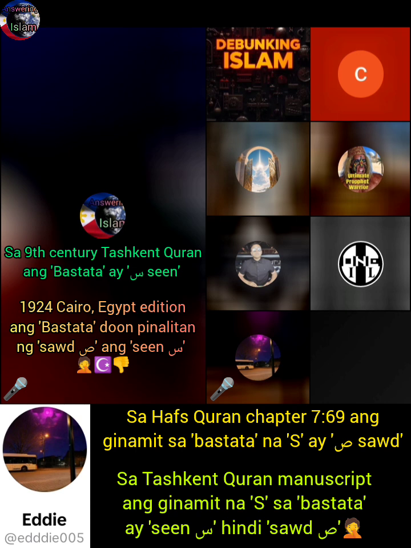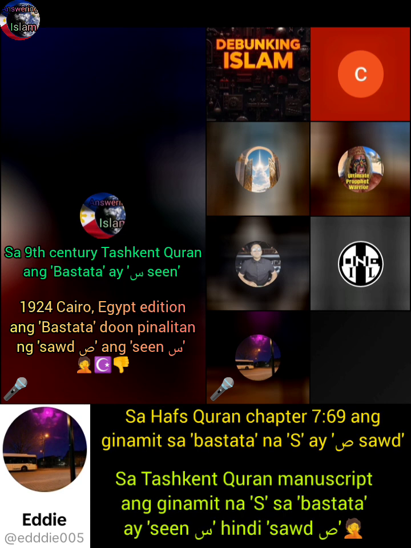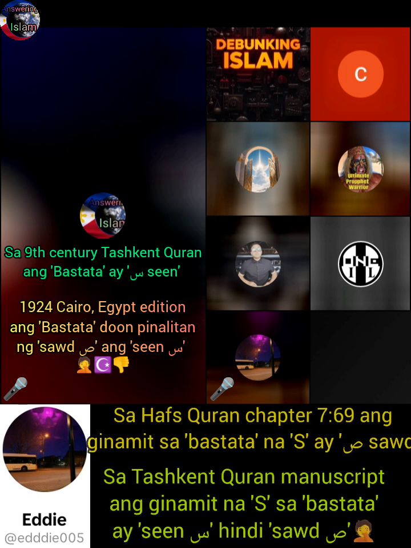They decided to change the sin into sad because they could not read the original text completely, since there was no tashkil, there were no harakat. So in order to read it more clearly, they decided to change it into sad. They removed the sin and replaced it with sad.